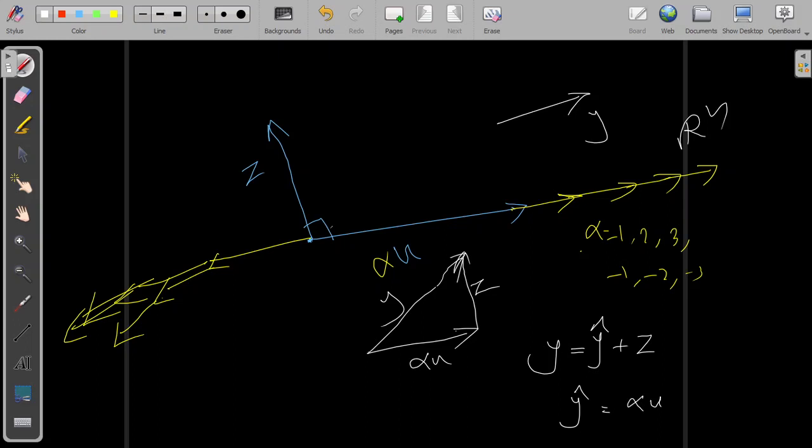In other words, this vector y can be decomposed into two orthogonal vectors, two vectors which are perpendicular to each other, that is alpha u and z. That is what you call the orthogonal projections of y. z and alpha u are the orthogonal projections of y.